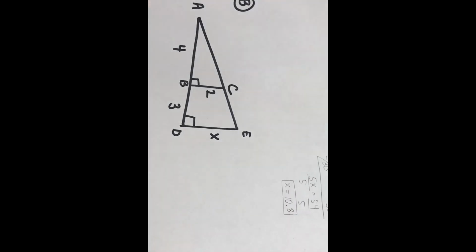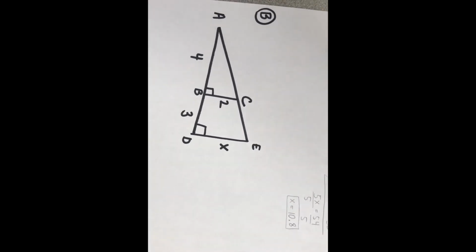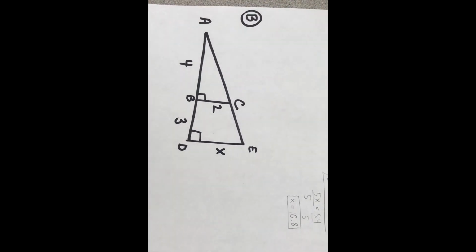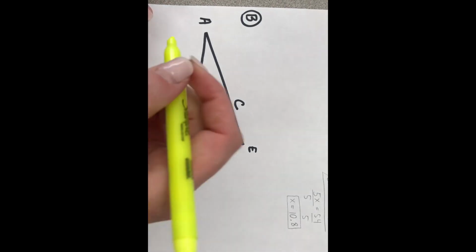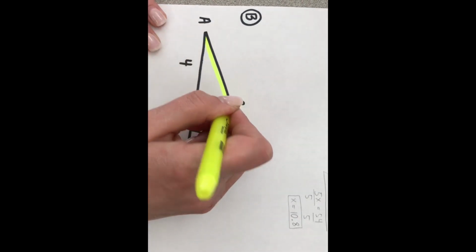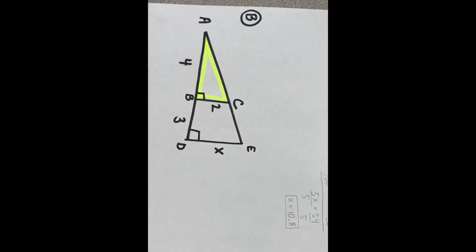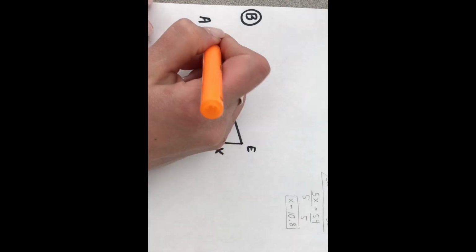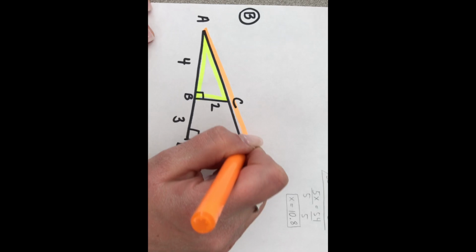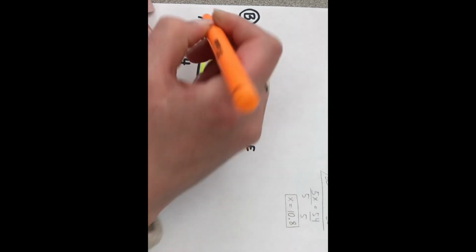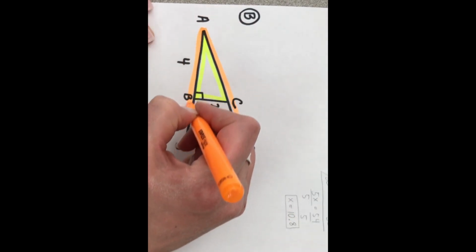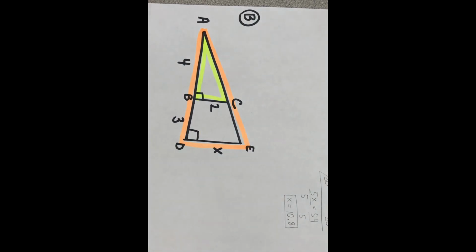The second problem is similar, but our ratio is slightly different. So again, like I did in the first problem, I'm going to highlight my small triangle in yellow and the largest triangle in orange. This is going to help me see which sides, which parts are corresponding, and really when I have to combine things and when I don't.